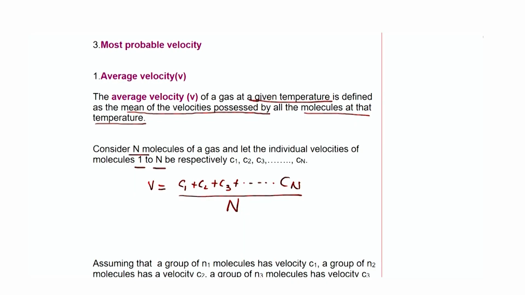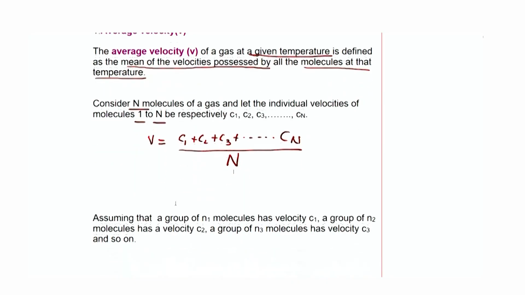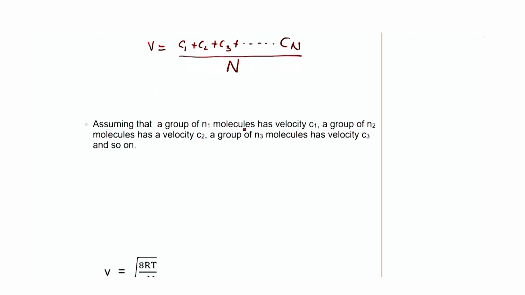If we are having a group of different molecules, we are going to consider that N1 molecules have a velocity C1. Another set of molecules, let the number be N2, they possess a velocity C2. Another set, we are having N3 molecules having velocity C3.